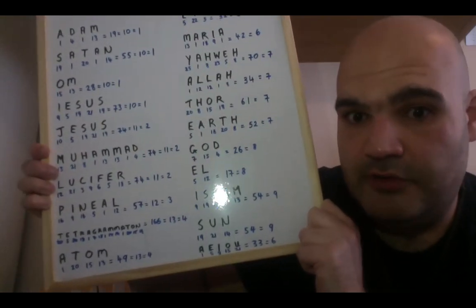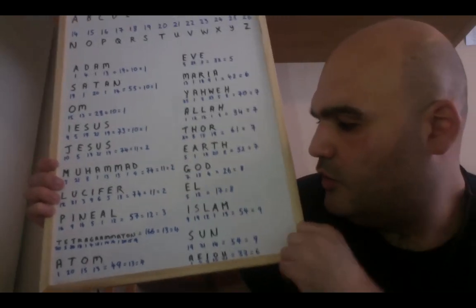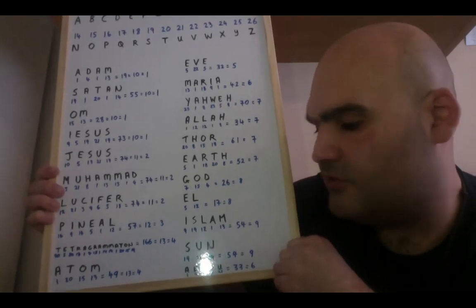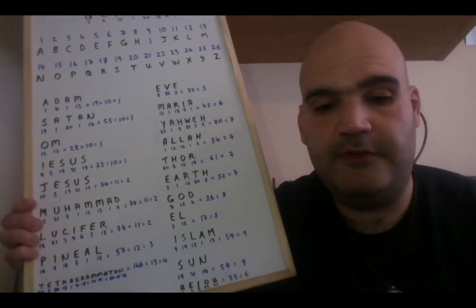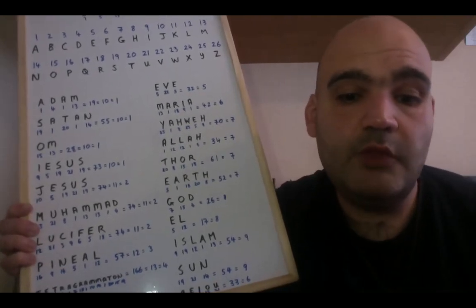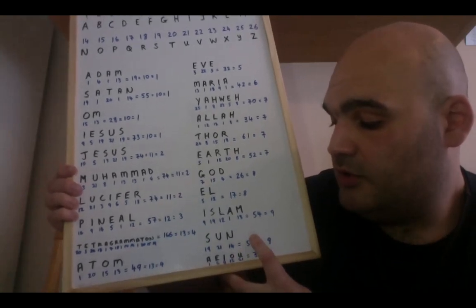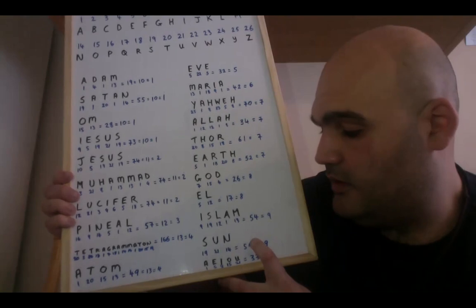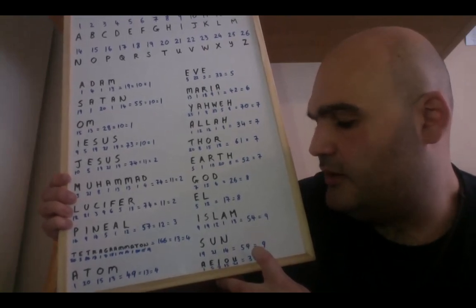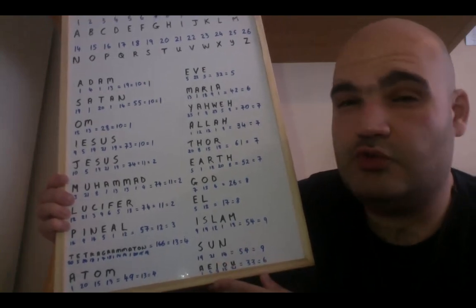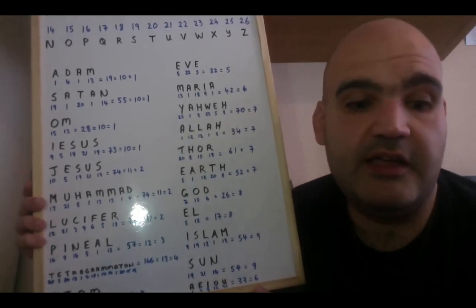So then moving on, the last, well, I've got 2, and then I'm going to talk about the vowels right at the end. We've got the words Islam and the sun, which both come to the number 54. And it's really interesting because the sun and Islam relating to the number 9 is interesting because the actual temperature of the sun is 5778 Kelvin.